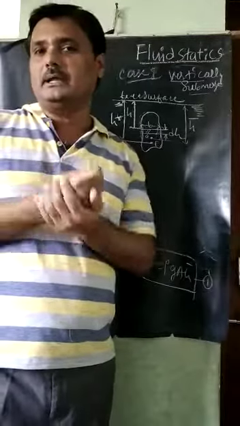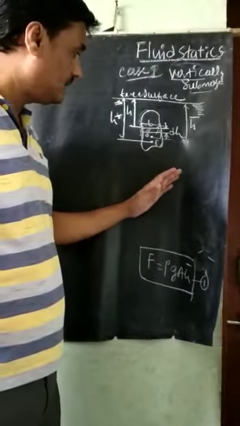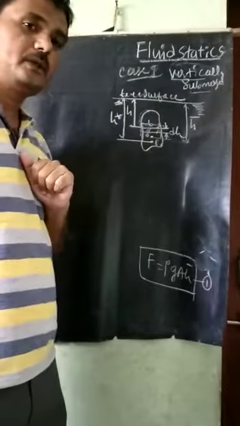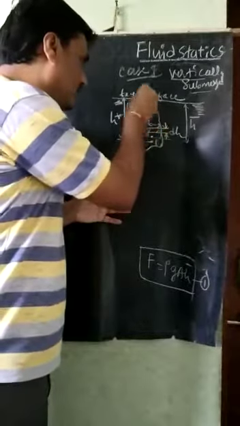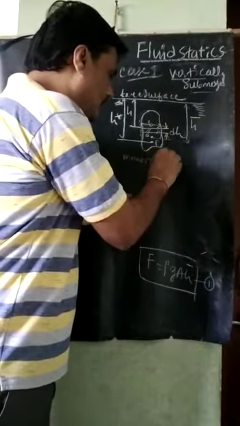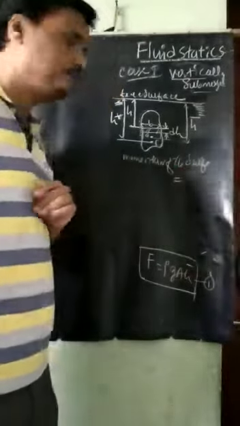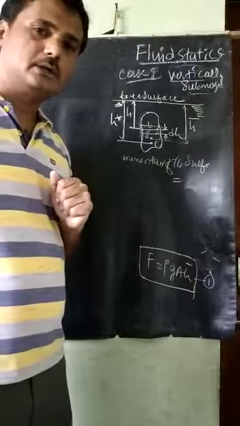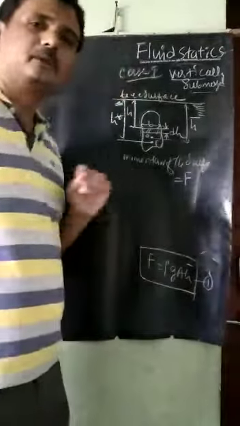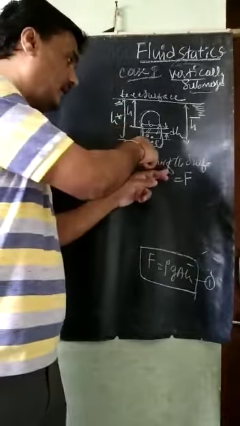So what I will take here is the moment created by this dF and the total moment of this total surface. The moment of this total surface about the free surface is equal to the total force into, where this moment will take place, where the center of pressure is.